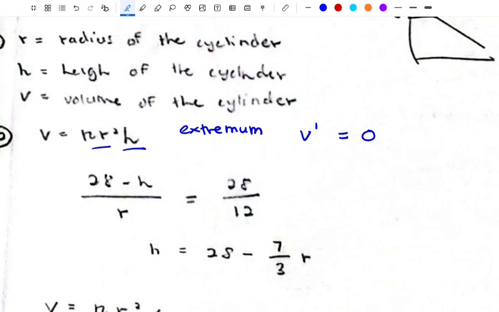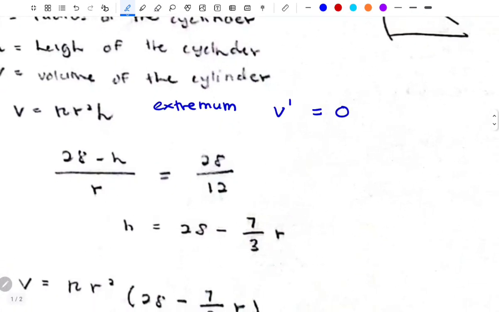So in this situation, we need to either change this into r or change this into h, of which I decide to change this into r. Because this one has a square, which is going to be way more complicated, but yet it is still applicable if you want to do so. So okay, back to the question.